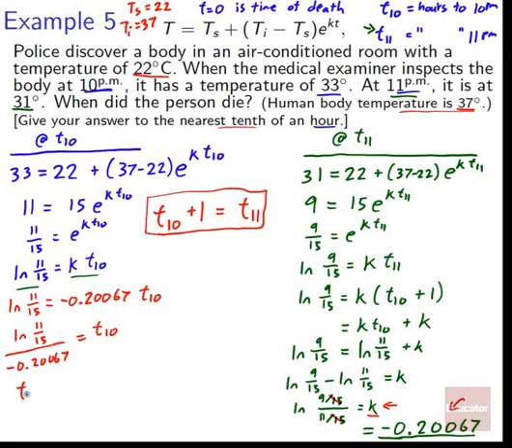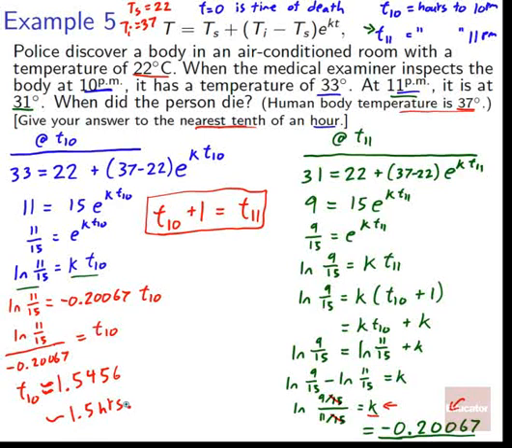So T10 comes out to be approximately 1.5456, after we cut off some of those decimal places. However, they asked for the nearest tenth of an hour, so that winds up being about 1.5 hours.